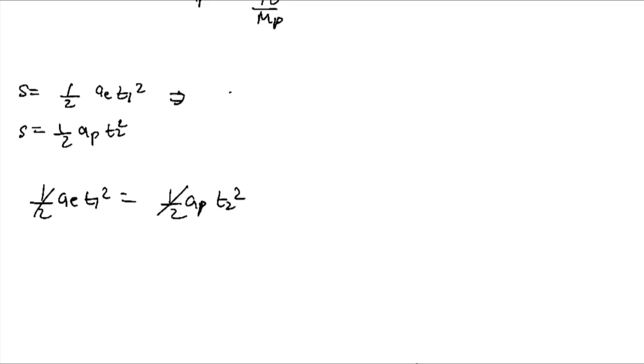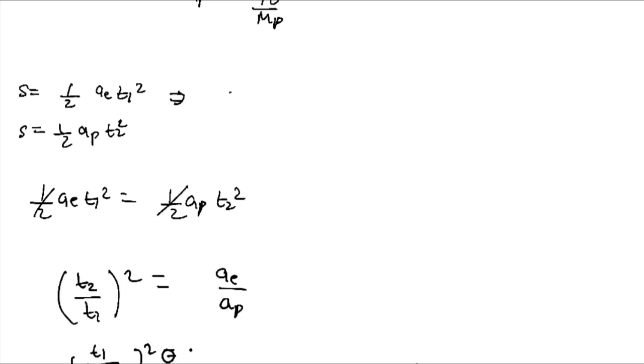So t2 upon t1 whole square will be equal to ae upon ap, and we know the value of ae and ap. So t2 upon t1 whole square will be equal to ae, which is Fe upon me, whole upon Fe upon mp.